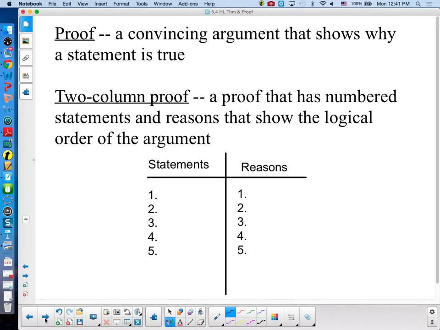In the two-column proof, we're going to organize it where the statements are on the left side. The statements would be like angle A is congruent to angle B. Segment CD is congruent to segment AB. Those statements will be on the left side. Down the right-hand side are the reasons. A reason might be it was given. We've used reflexive property for a reason for something.